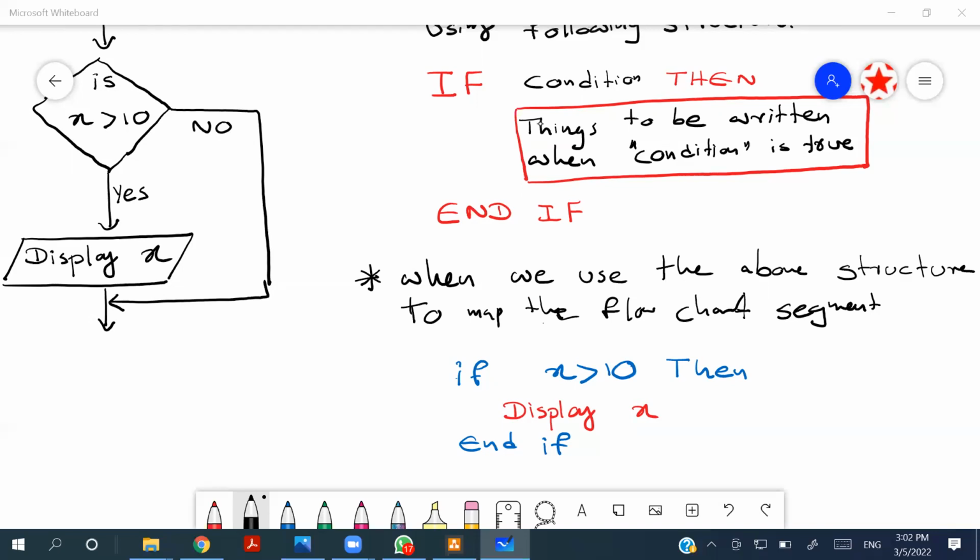Okay, 2 are done. How about others? Anyone who is still writing? Okay, so moving forward.